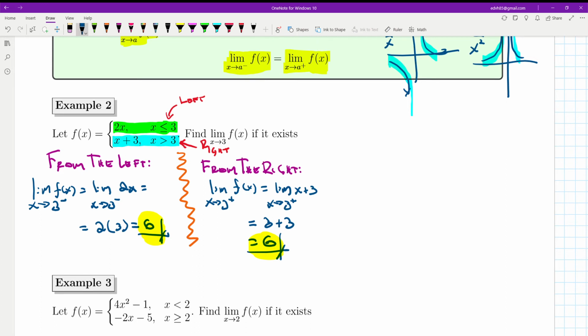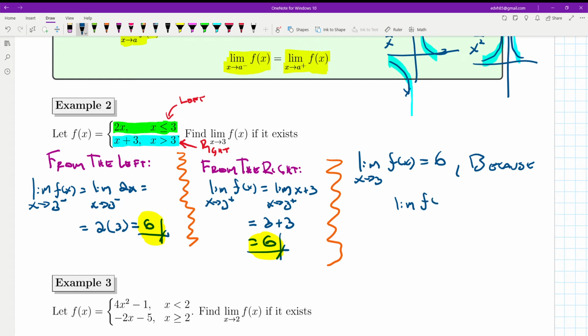Our conclusion is that the limit as x approaches 3 of f of x equals 6, because the limit of f of x as x approaches 3 from the left equals the limit of f of x as x approaches 3 from the right. This is why the limit exists, because it's the same limit on both sides.